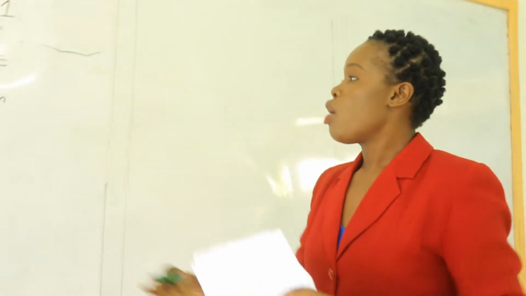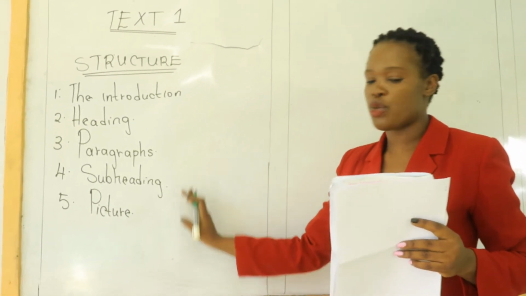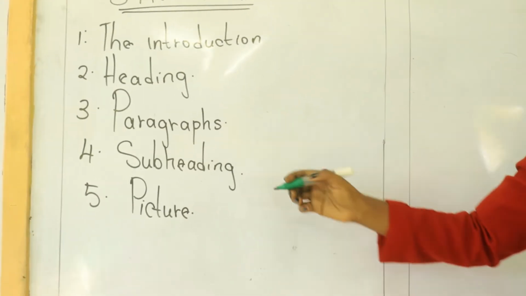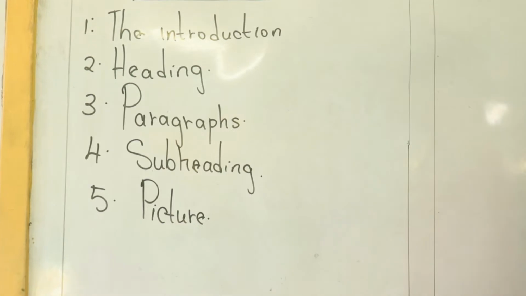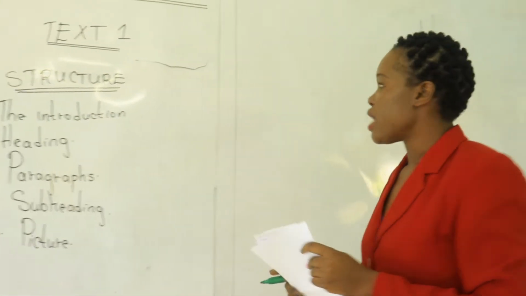That is the structure. What can we see with our naked eyes without having to read through? We can see the introduction, the heading, the paragraph, subheading, picture. Let's visit them one by one. The introduction.